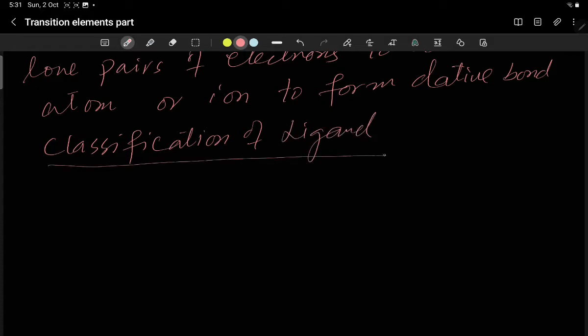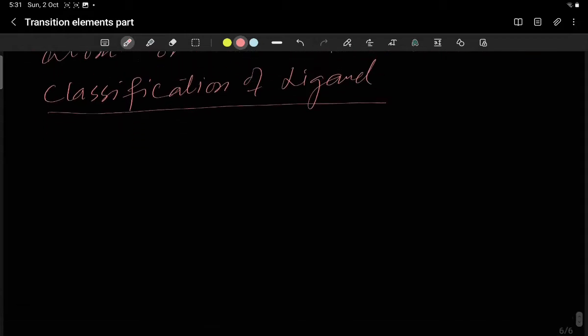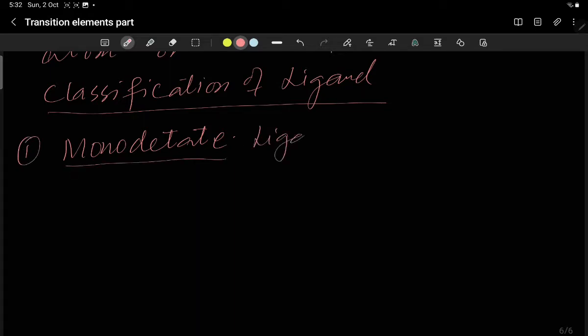There are three types of ligands. Number one is the monodentate ligand.